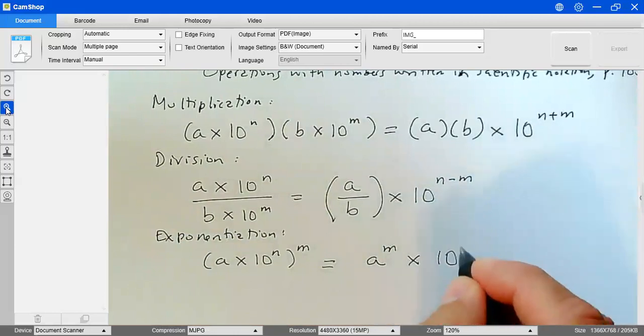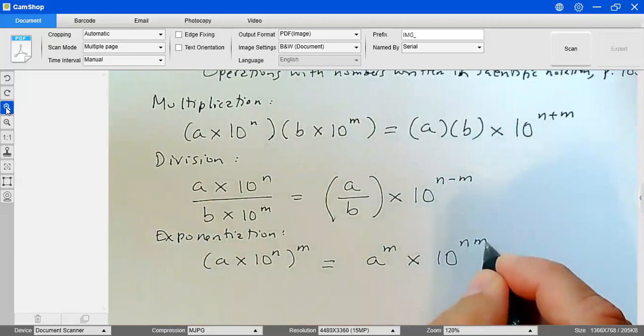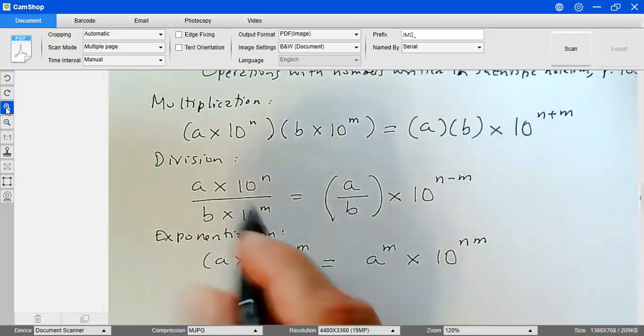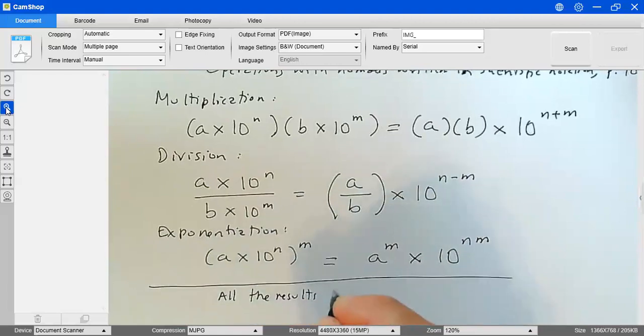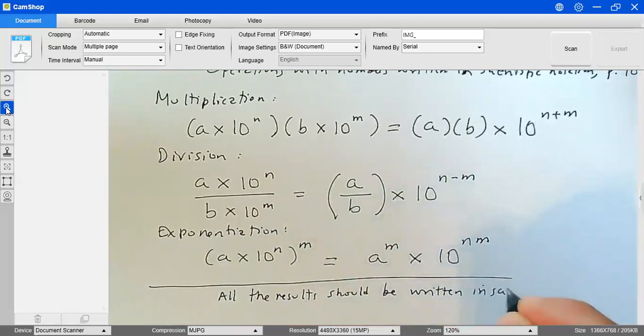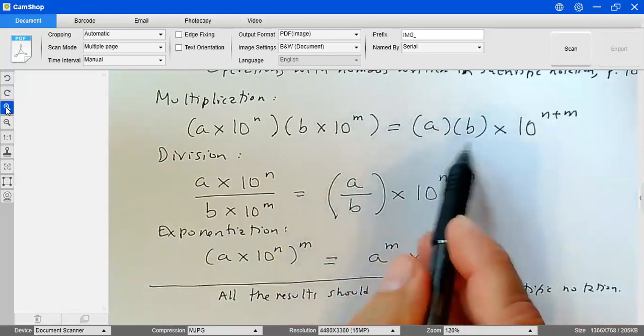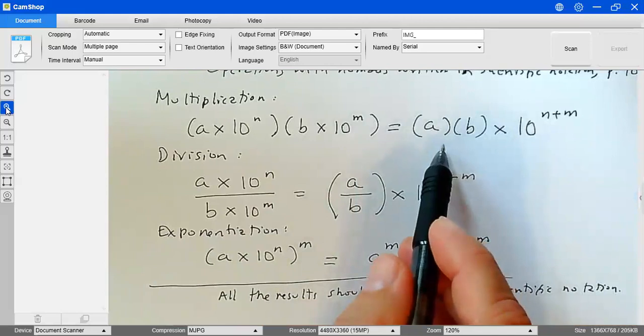times 10 to the n times m. And all the results should be written in scientific notation. Because sometimes when you multiply mantissas, you're going to get a number that is greater than 9.